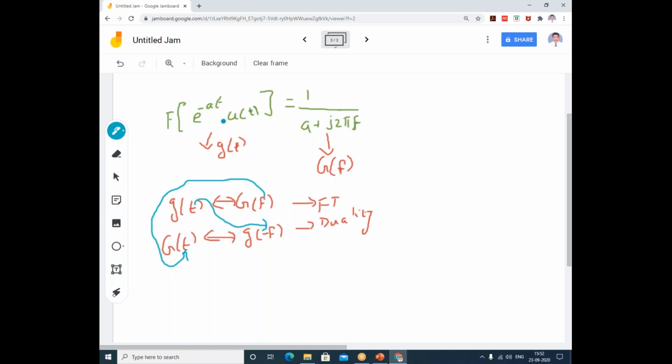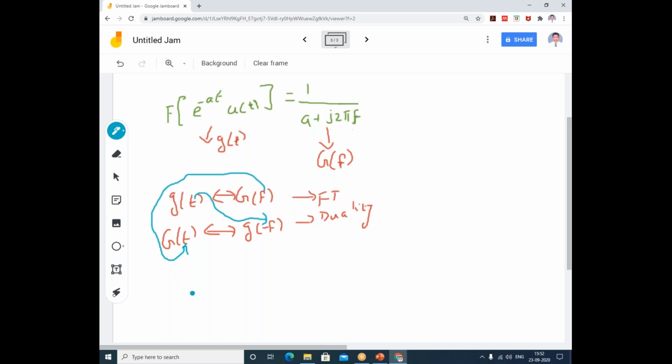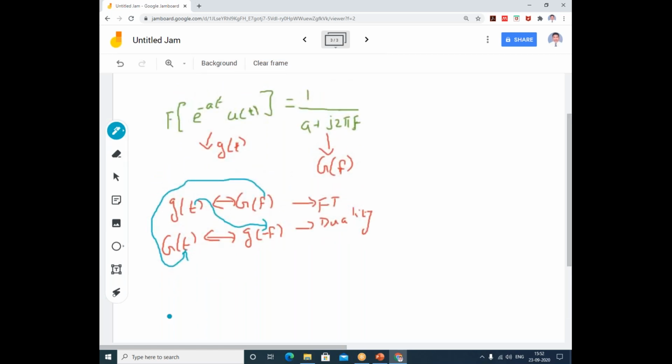Now I'm going to apply the same duality condition to this. When you apply duality to this, I can replace t with minus f and f with t. Then I can write e power minus, now t with f.